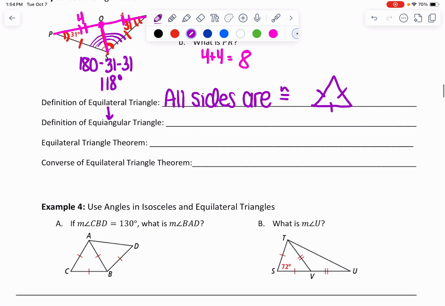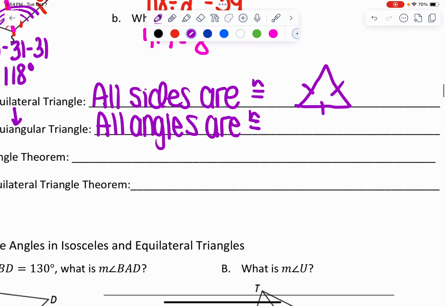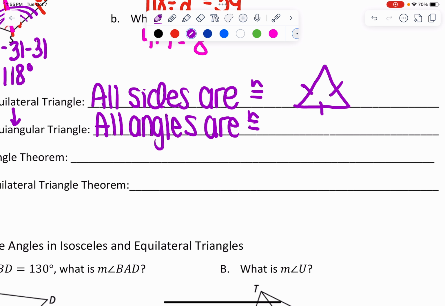So equiangular means that all angles are congruent. And specifically, you know that all triangles add to 180. Each angle in this equilateral triangle is going to be 60 degrees. And that's something you can always assume. If it's an equilateral triangle, then all angles are 60 degrees.